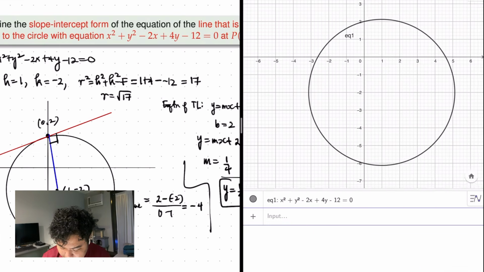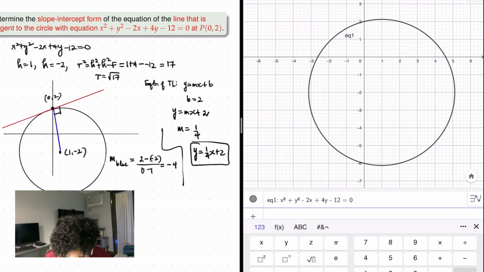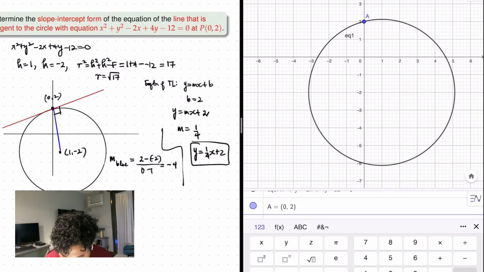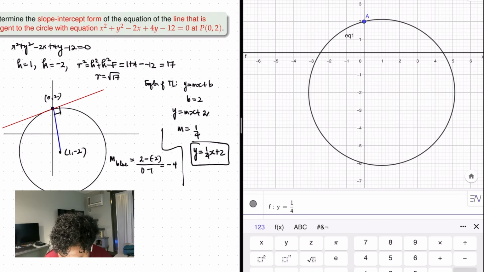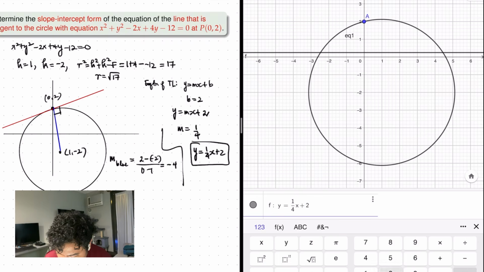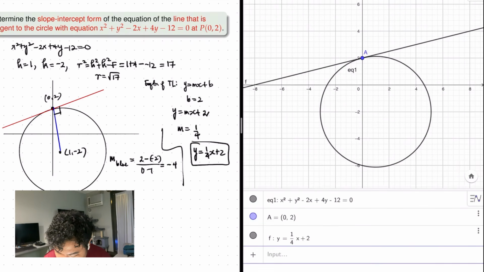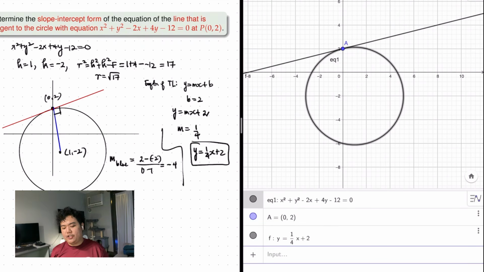So, yan yung circle natin. At yung point na 0, 2 muna bago yung line. Okay, so that is 0, 2. And then, yung line natin na y equal to 1/4 x plus 2. Yes, as you can see, ayun siya, tangent siya kay circle at point 0, 2. So, si A yung 0, 2.